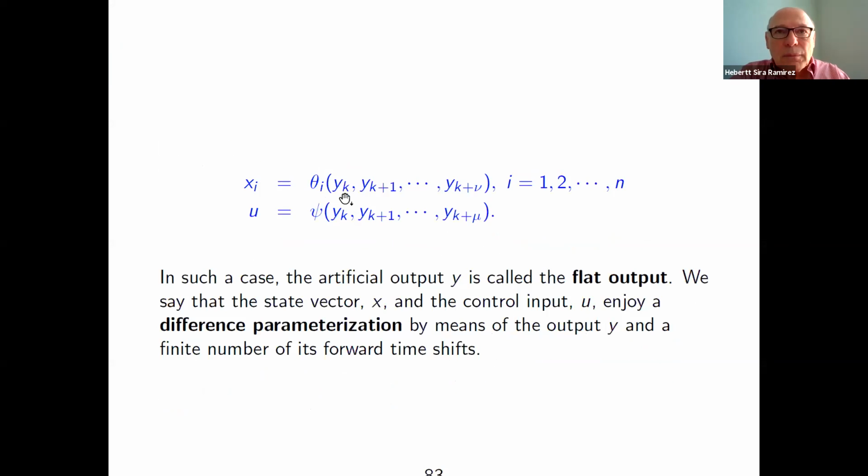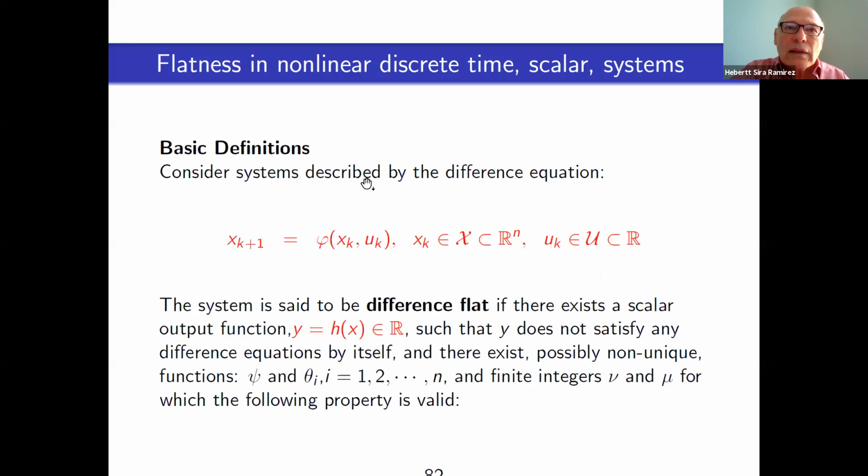This is our restricted definition of flatness. There are some works in the literature where people allow this parameterization to depend on previous values of the output. We are not taking that because for us, that means you need to have exogenous feedback. You need to have more variables defining your system equations than what you started out with.